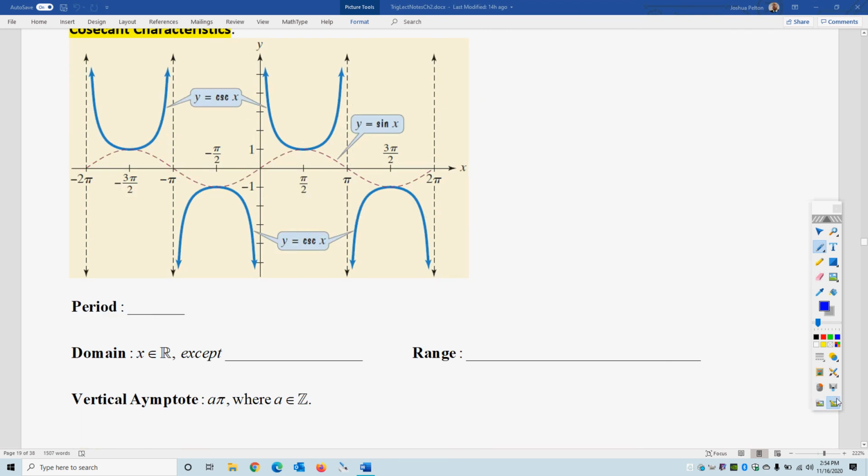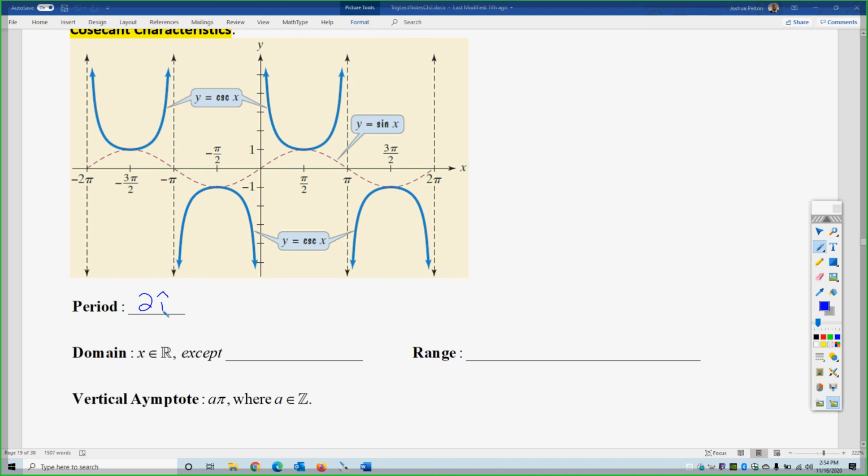So the period is still going to be the same, 2 pi, for both cosecant and sine. The domain is going to go forever left and forever right. So basically everywhere, except n pi, where n is a member of the integers, because at every whole pi, 1 pi, 2 pi, 0 pi, negative 1 pi, negative 2 pi, there's going to be an asymptote.